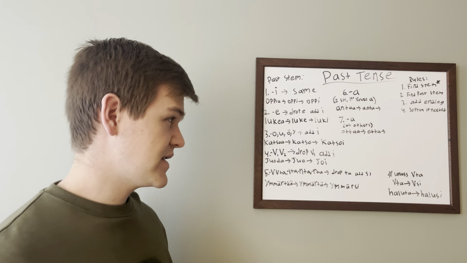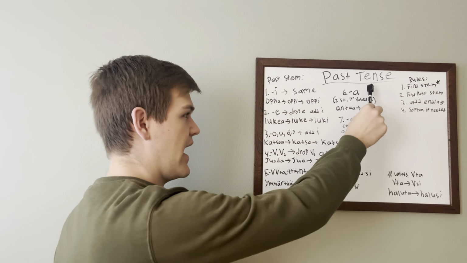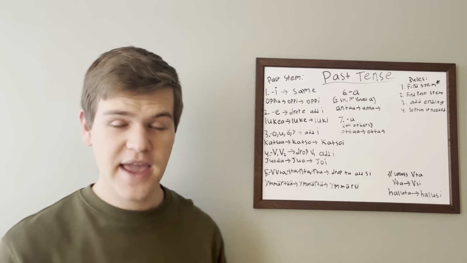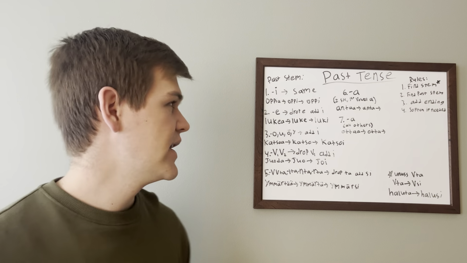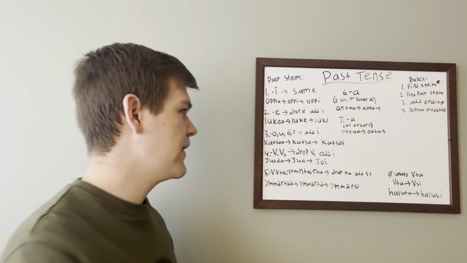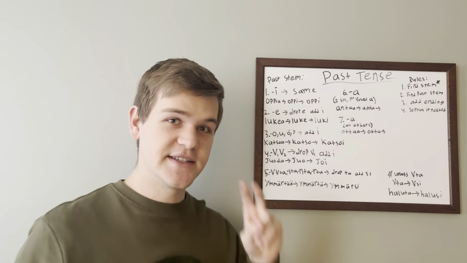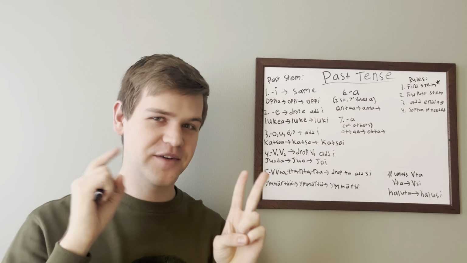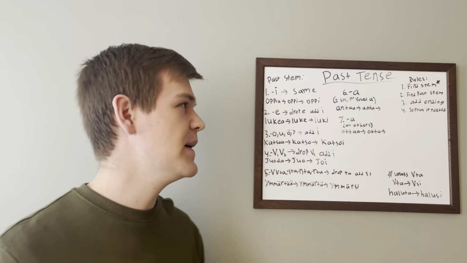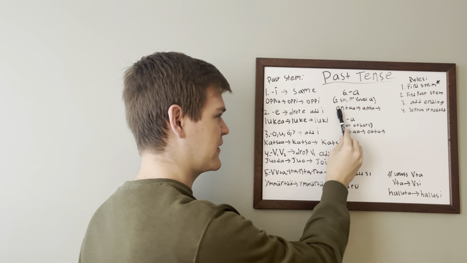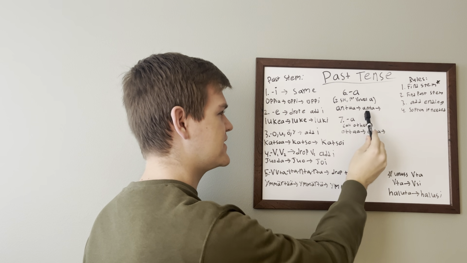Our very last ending is A. And you notice I separated into two different kinds of A. A is for some reason strangely specific. So if we have these words that end in A that are exactly two syllables and the first vowel is A, I don't know why this is super specific, but this is how it works every time. If it has the first vowel A, like anta, you can see that the first vowel in the word is A, and it's exactly two syllables, anta.